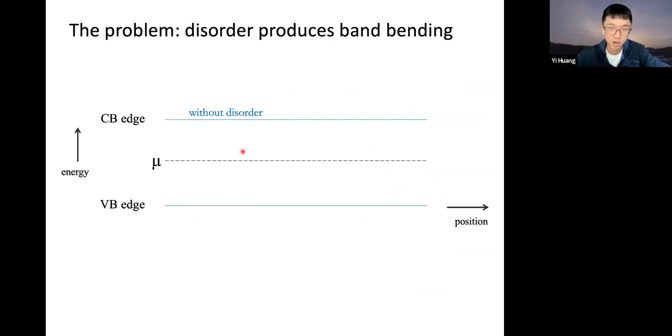Okay, so in my previous picture, I didn't include any disorder. I assumed the system is completely clean, and this means the band edge of either the conduction band or the valence band is flat as a function of space. If you put your Fermi level in the middle, then it stays in the middle no matter how you change your position.